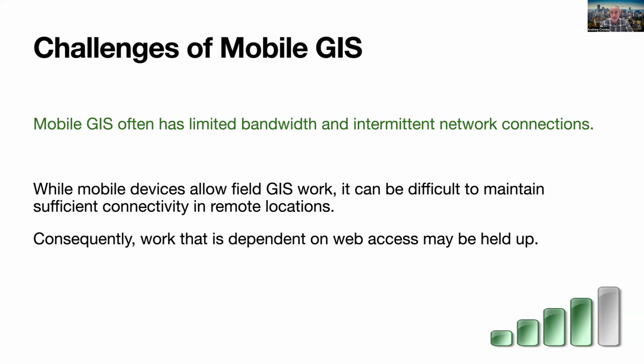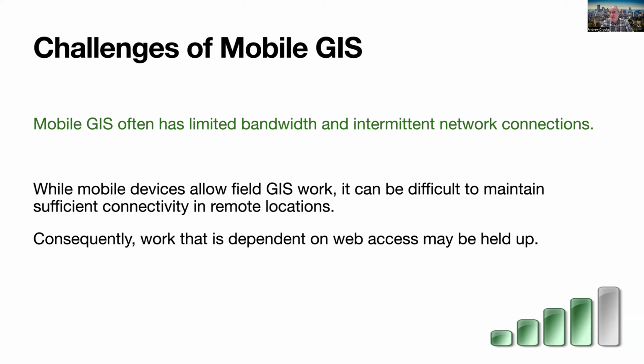This is problematic, especially with wildfires, which can spread quite quickly in relatively remote areas. So consequently, the work that we can do with mobile GIS is dependent on access to the web.